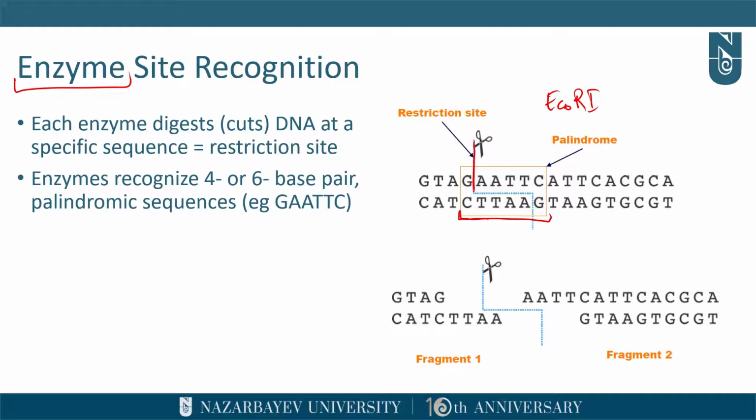cut it not with the blunt ends. We will have the sticky ends here, so we will have overhangs on one of the strands. If the 5' is shorter than the 3' end of this fragment, then it's called 5' overhang. So for EcoRI, we are producing the 5' overhangs.